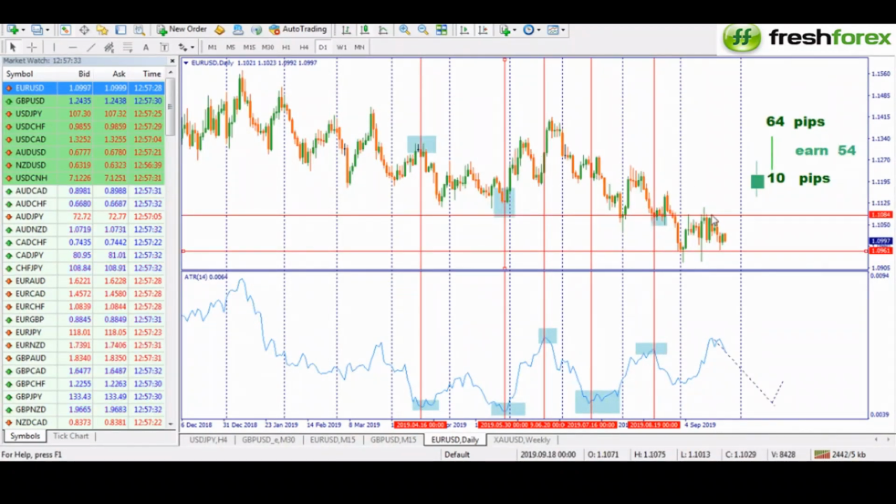Which means if your strategy involves consolidation, you better be looking for something that has a lower number at this place here. If your strategy involves trading consolidation, or if you have an algorithm that involves trading consolidation, you need to get currency pairs that have very low values of this one, that move very few pips in a day.